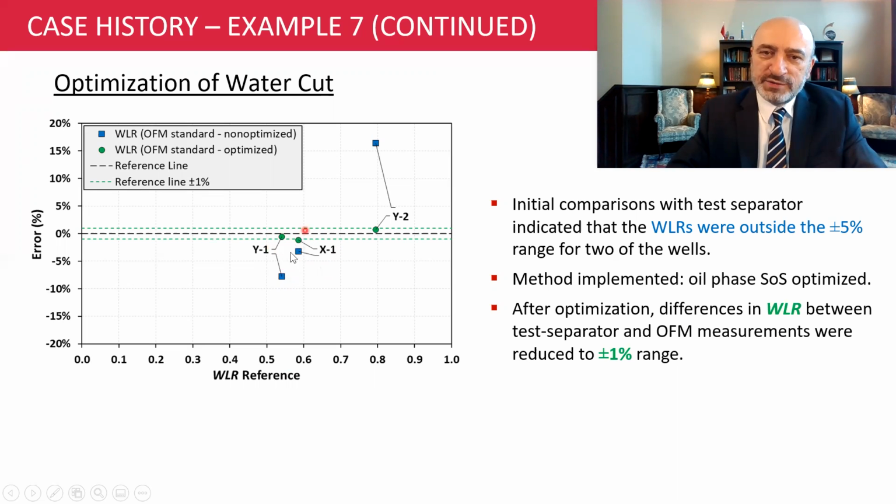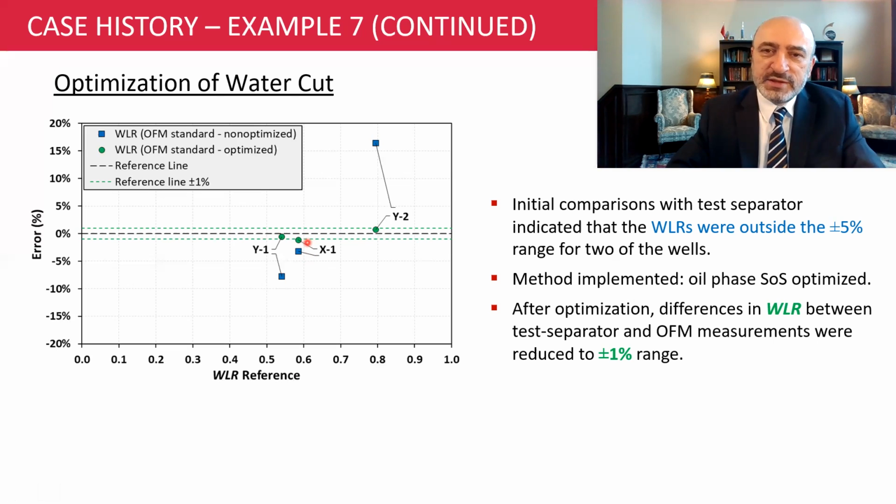For well X1, the initial error before the optimization was about -3%, which is actually a good measurement, because usually when the error is below ±5%, it is considered a good measurement for multi-phase flow. Regardless, after the optimization, the error was brought down to within ±1%.